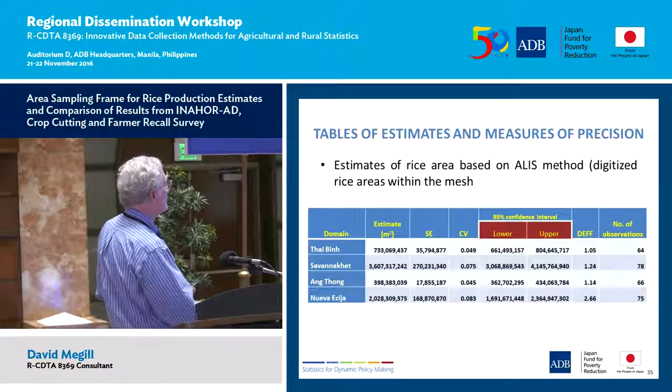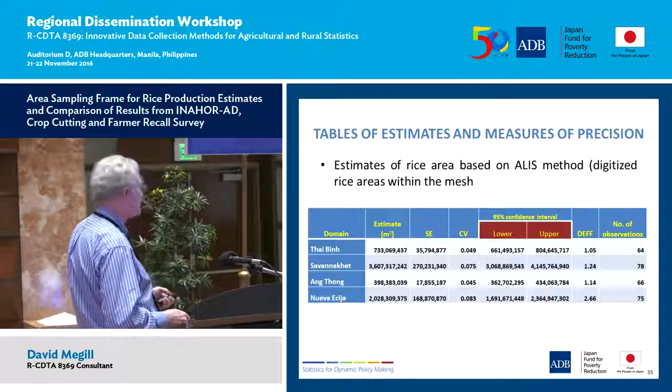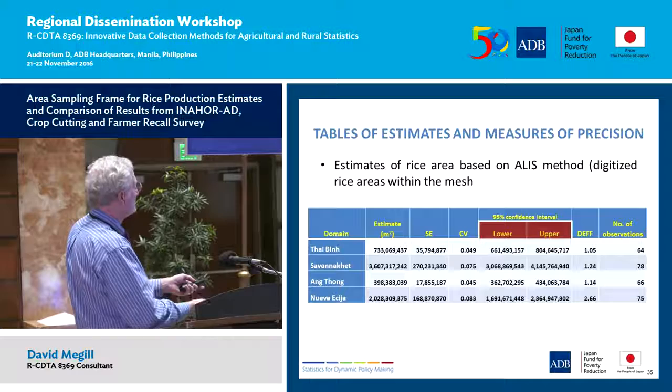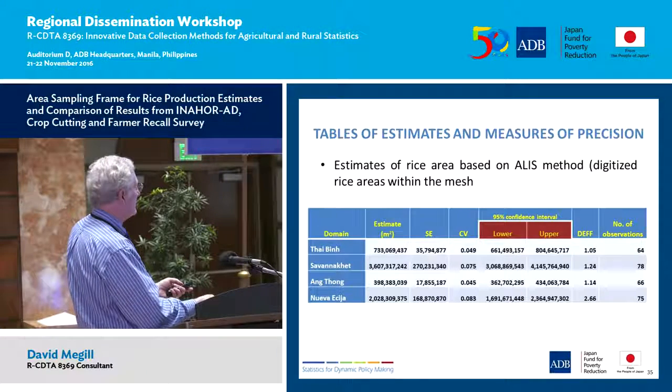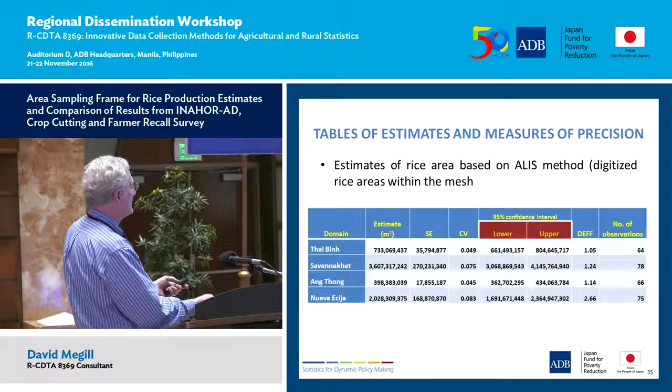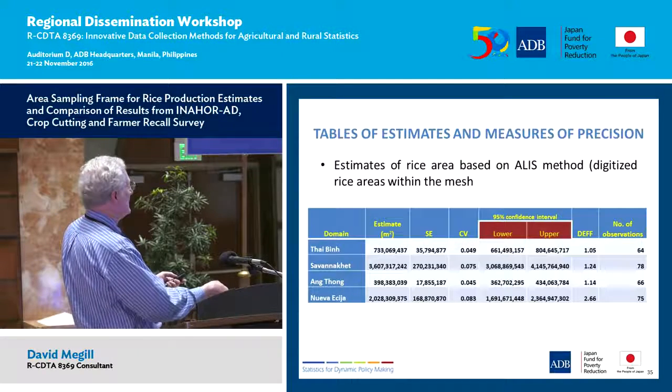Now, look at the difference in the relative standard errors. Okay, let me go back here. Take a look at this column here, the CV, and now look at the CV. It went from 9.3 to 4.9, and Savannakhet also went down.